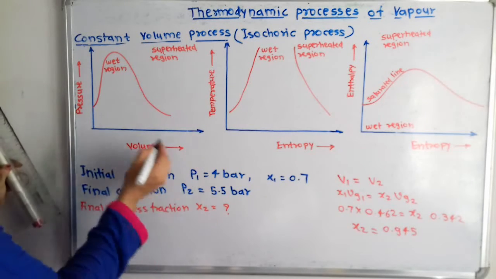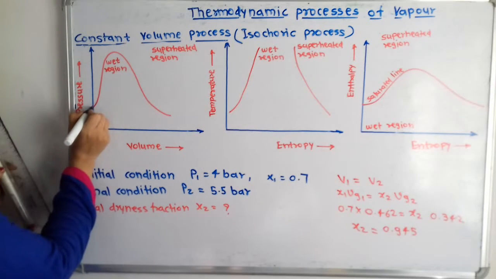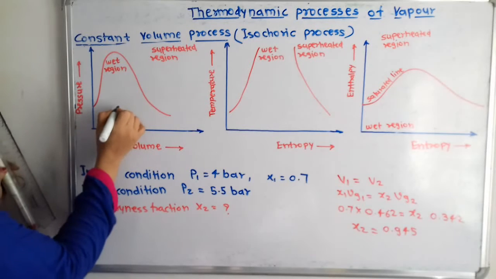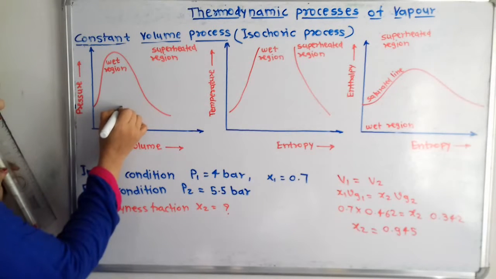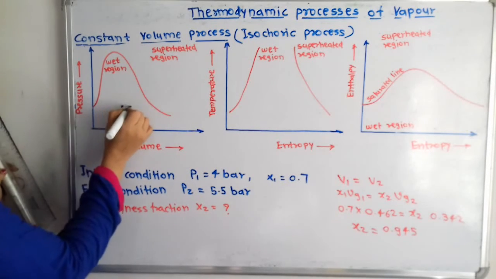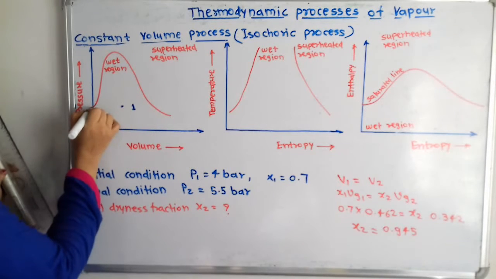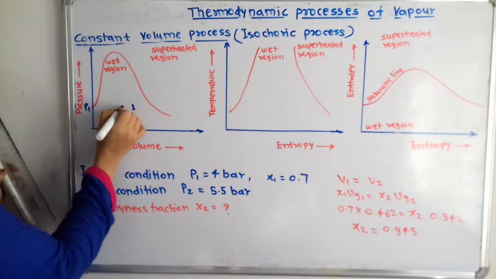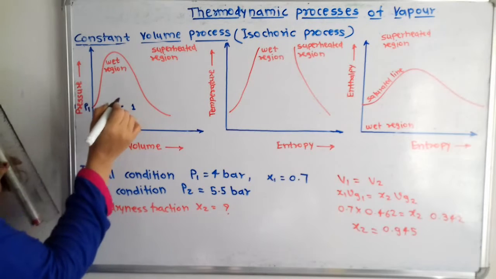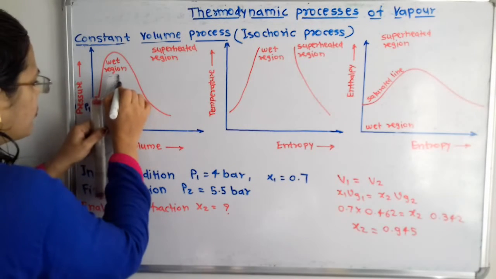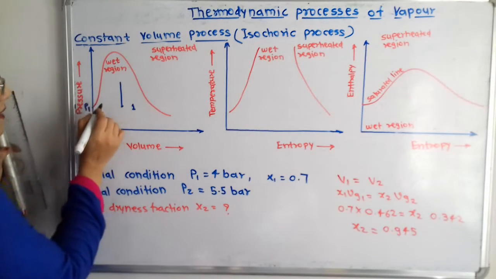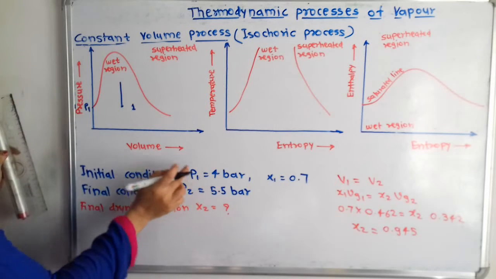So pressure P1 4 bar. So suppose here is 4 bar and here is 5.5 bar. Then I will select here volume V1 is equal to V2. So this will be the point 1. So here is the pressure P1 and then V1 is equal to V2. So we have to show here the straight vertical line and then P2 is greater than P1.